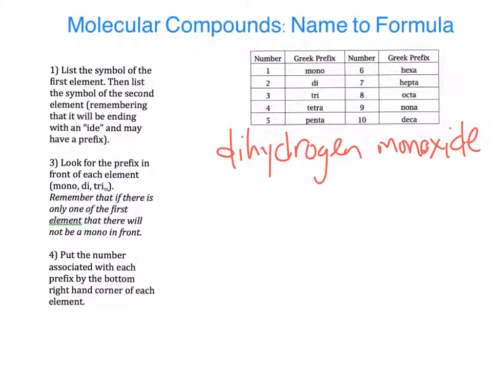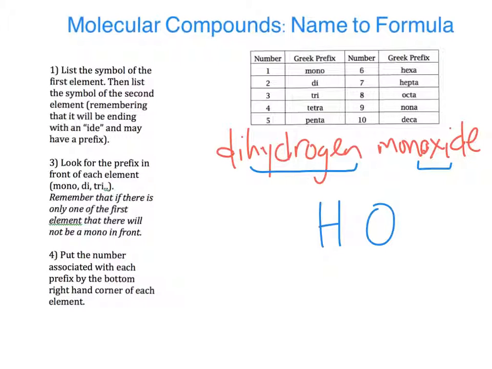Okay, and let's just break down those steps. So first, you're going to list the symbol for the first element and the symbol for the second element. So here we have hydrogen there, and oxide, that's going to be oxygen. Okay, so H and O are our 2 symbols.